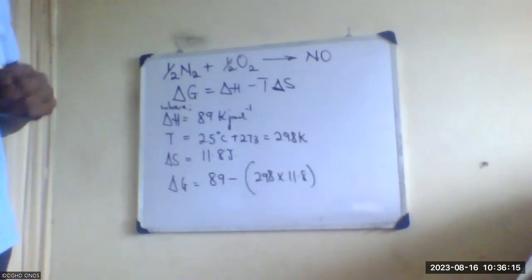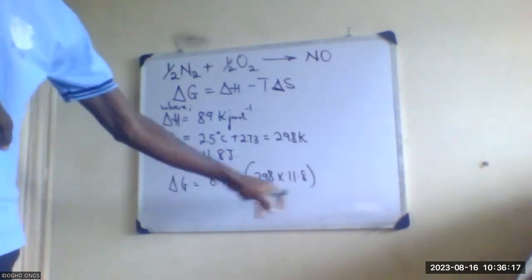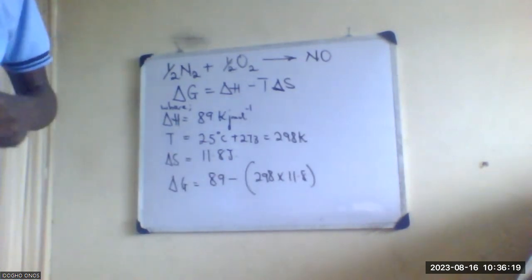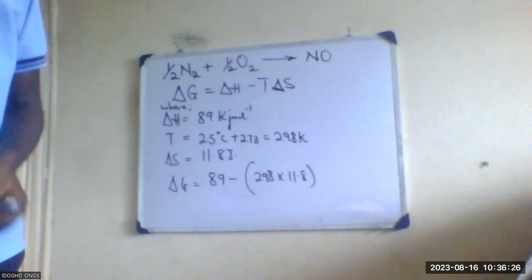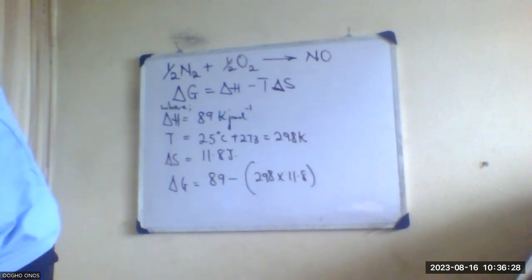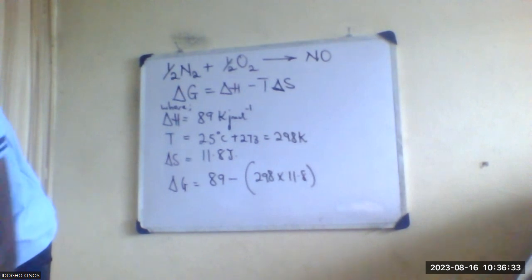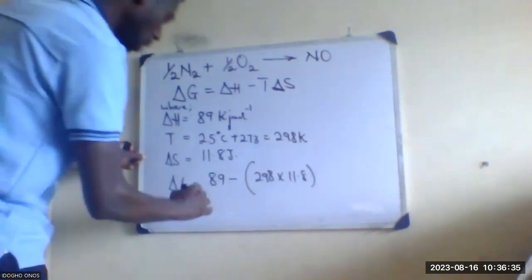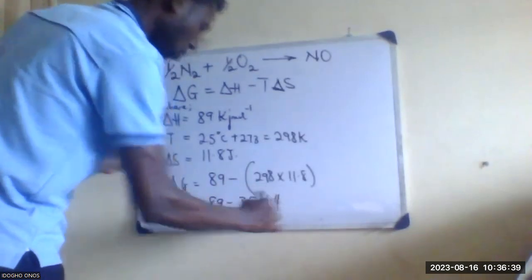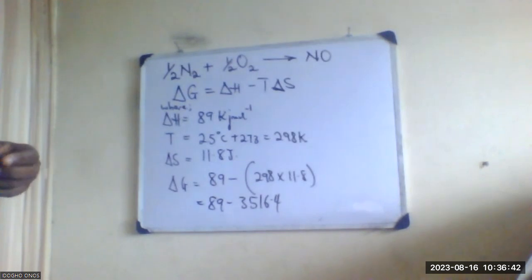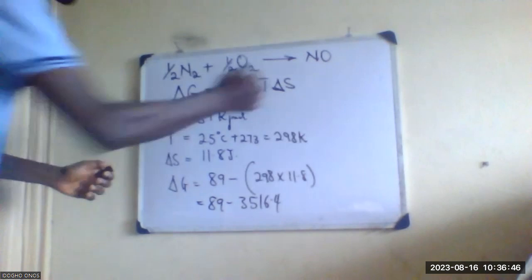If you have a calculator with you or your phone, multiply what we have in the bracket. What do we have? We multiply. 3516.4. Okay. That will give me 89 minus 3516.4. Then subtract, it will get minus what?